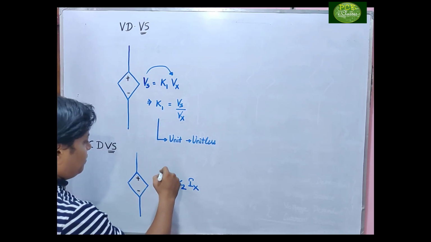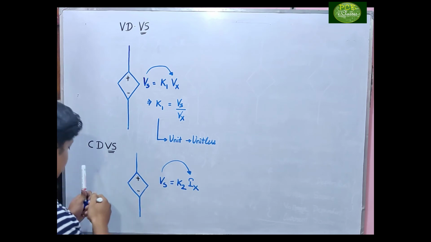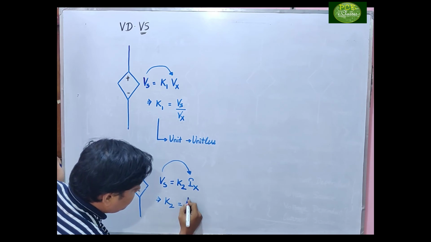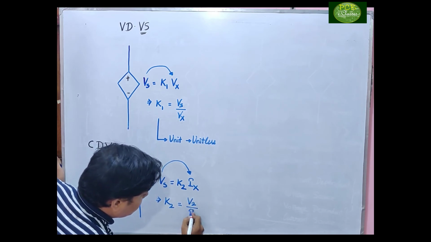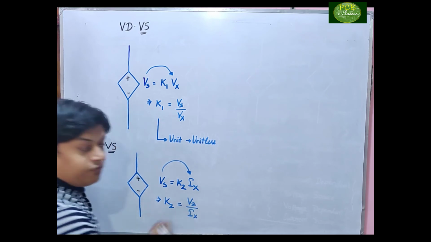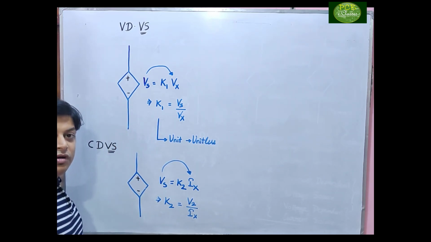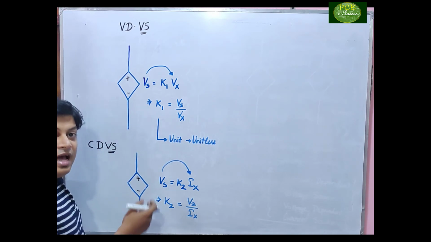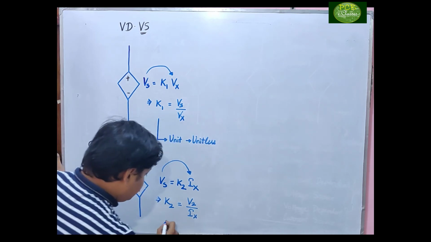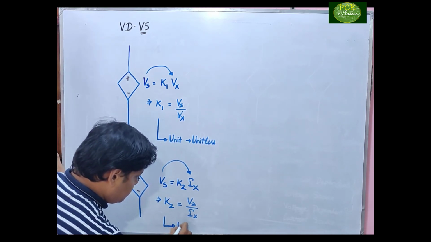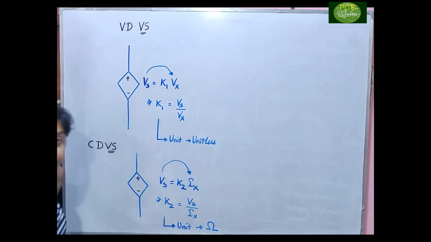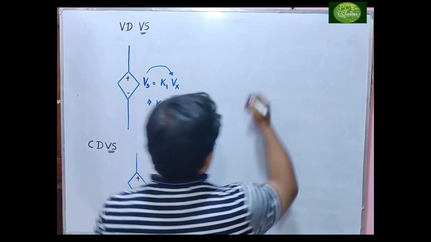On what is it depending? Vs is depending on Ix. So this can be written as K2 equals Vs by Ix. What is the unit of voltage? Volt. What is the unit of current? Amp. Volt per amp. The unit is ohm. The unit is given as ohm for current dependent voltage source. We'll go for the next one.